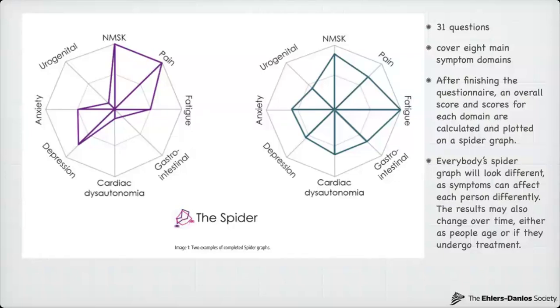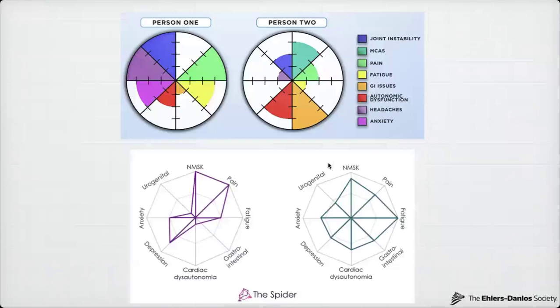So you can monitor your symptoms, how they fluctuate, or how they respond to treatment. This is very similar to the previous pie chart that the Ehlers-Danlos Society provided. So the domains are quite similar. I really enjoy working with this. I'm glad that now we can fill out the SPIDER very quickly and take a look at how each person's hypermobility-related symptoms look.